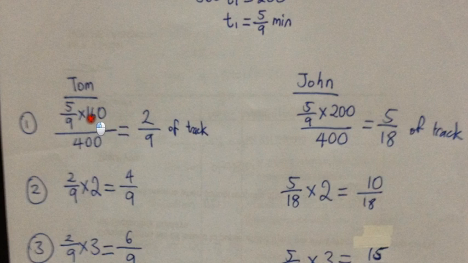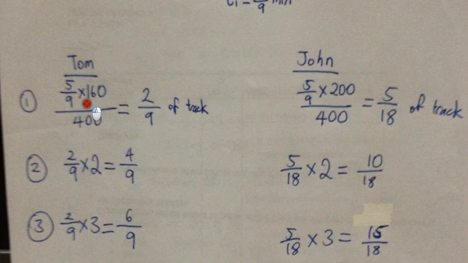That's because 5 out of 9 times 160 is the distance that Tom covered in the first meeting out of 400, so that I could find the fraction of the track that he has completed, which is 2 out of 9. For John, he would have completed 5 out of 9 times 200, which is the distance, divided by 400, the track distance. So John would have completed 5 out of 18 of the track at the very first meeting.